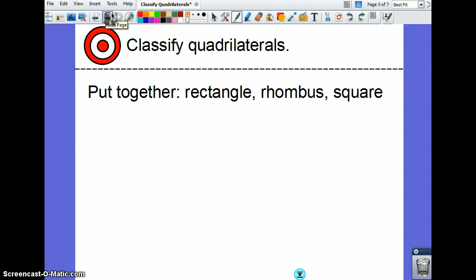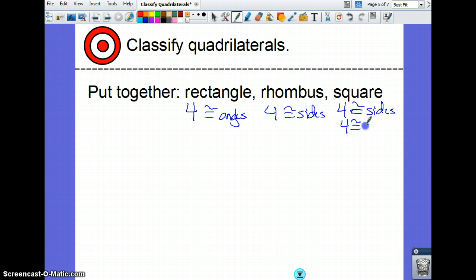Let's put it all together. A rectangle, we know, has four congruent angles. A rhombus, we know, has four congruent sides. A square has four congruent sides and four congruent angles. So look at this. A square has borrowed from the rectangle and it has borrowed from the rhombus.